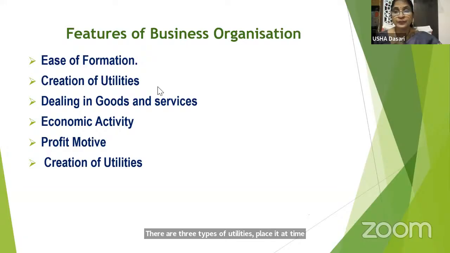When goods are transported from the place of production to the place of consumption, where consumers ultimately use them, place utility is created. When raw material is converted into finished goods, it creates form utility. When goods are stored and brought into the market when needed, time utility is created. Thus this creation of utilities plays an important part.